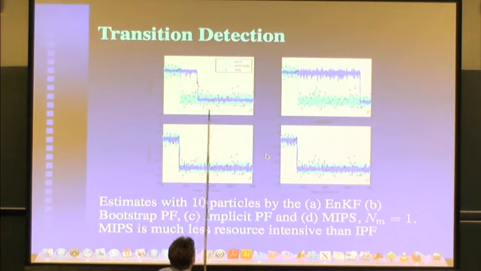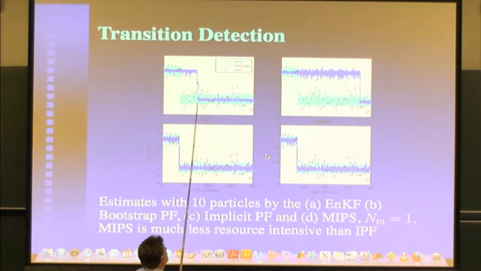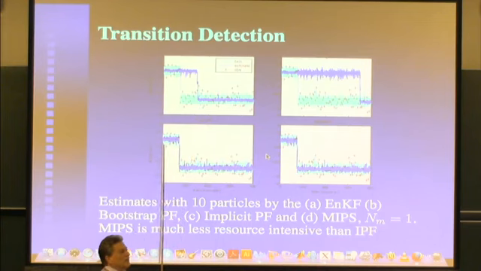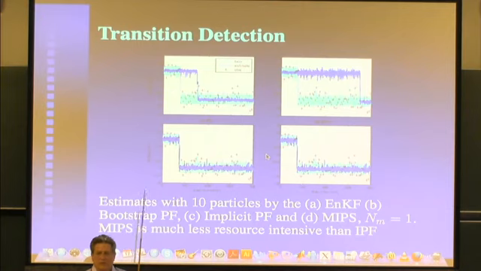This is what happens. This is what the ensemble Kalman filter will do. The ensemble Kalman filter is Monte Carlo, but everything is assumed Gaussian. So your estimate of the state is the mean of your ensemble.